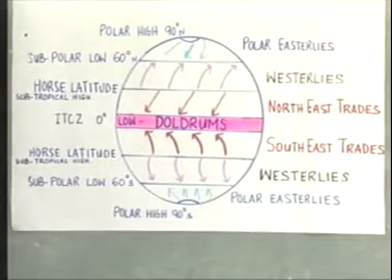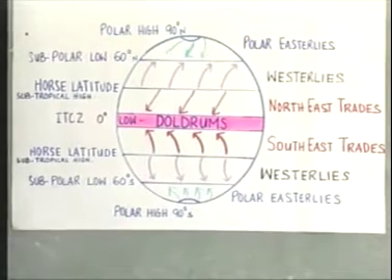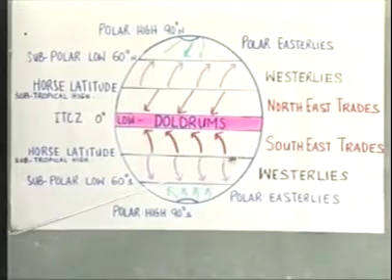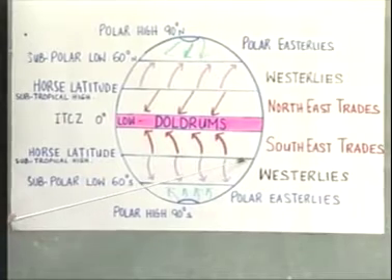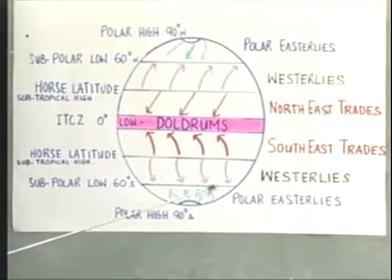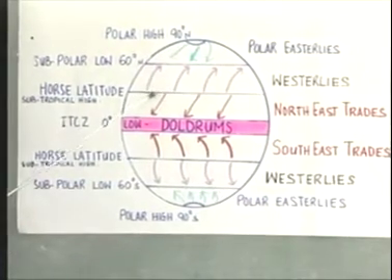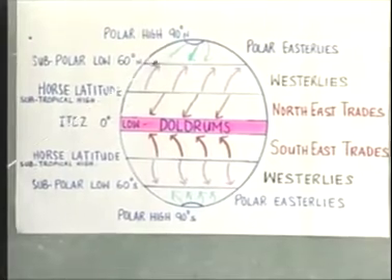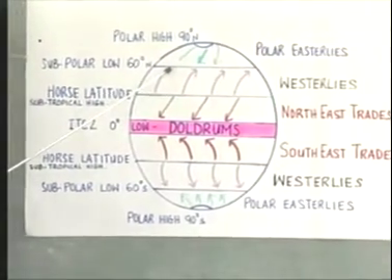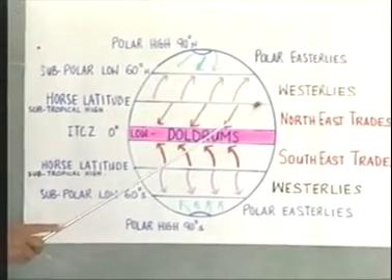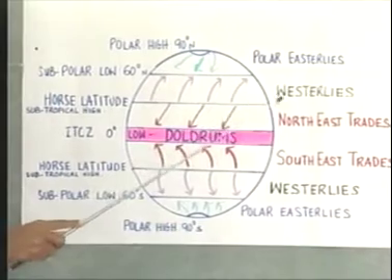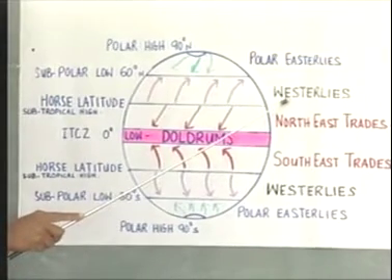The second group of major planetary winds are those that blow from 30 degrees south to 60 degrees south and 30 degrees north to 60 degrees north. These winds found between those latitudes are referred to as the Westerlies.